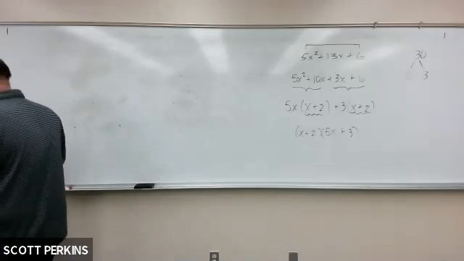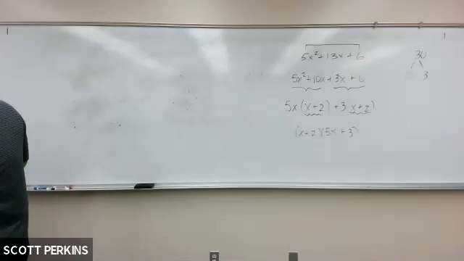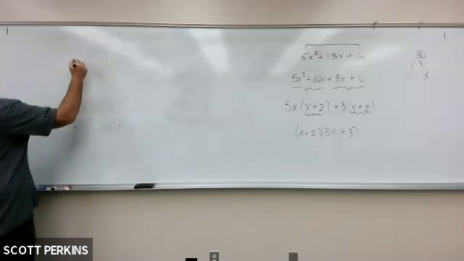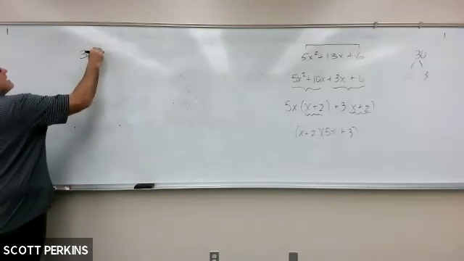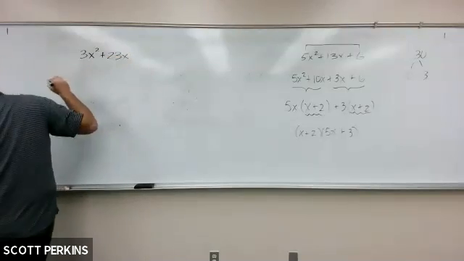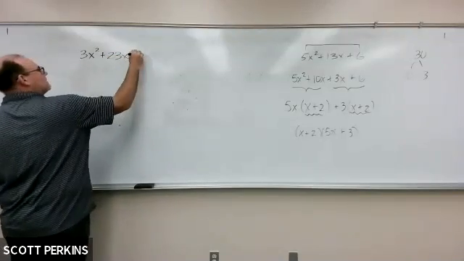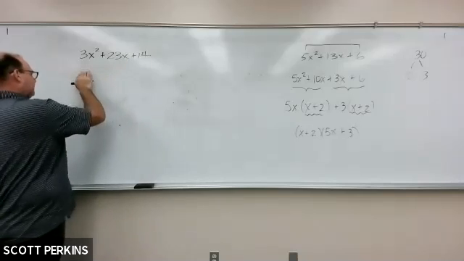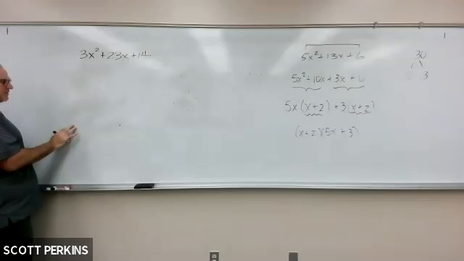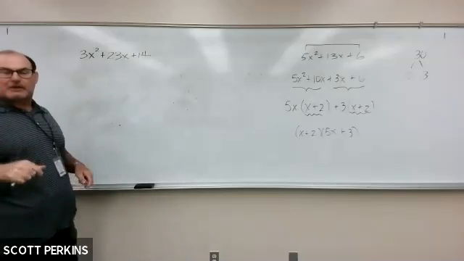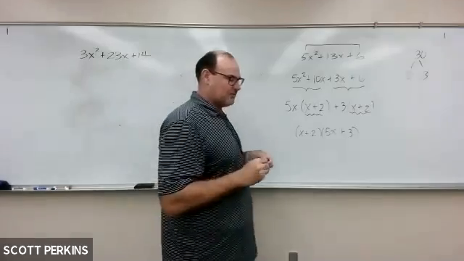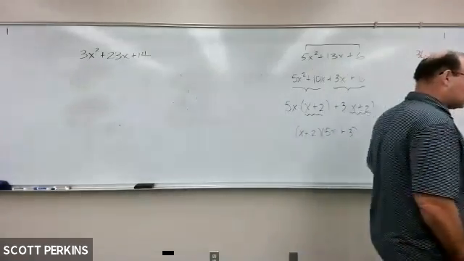And then I got one more problem that we're each gonna do another problem that involves different signs. So try this, 3x squared plus 23x plus 14. It will factor, so have perseverance. Grab your calculator if you need to, as you're looking at the factors. Okay, this will work.